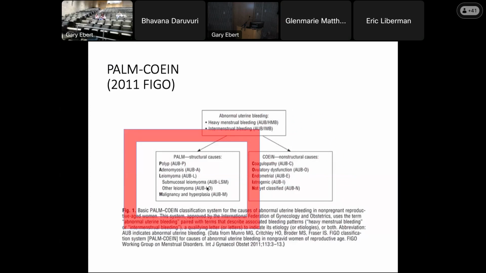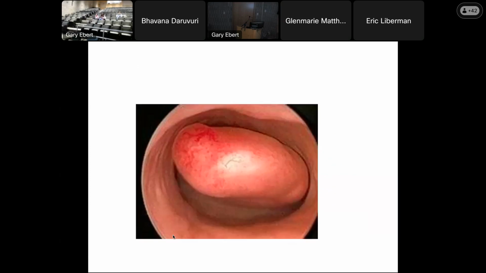Just to go into the different pathology, to break down the PALM-COEIN, I'm sure the residents are all familiar with this. This came out about 10 years ago, looking at the structural versus non-structural causes of abnormal uterine bleeding. With hysteroscopy, you're really going to be able to focus on the polyps, the fibroids, and malignancy or hyperplasia.